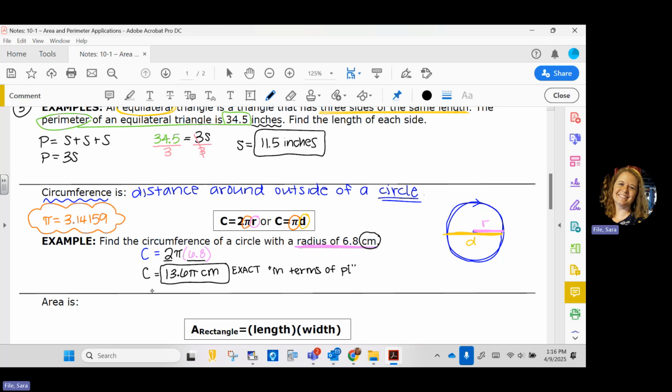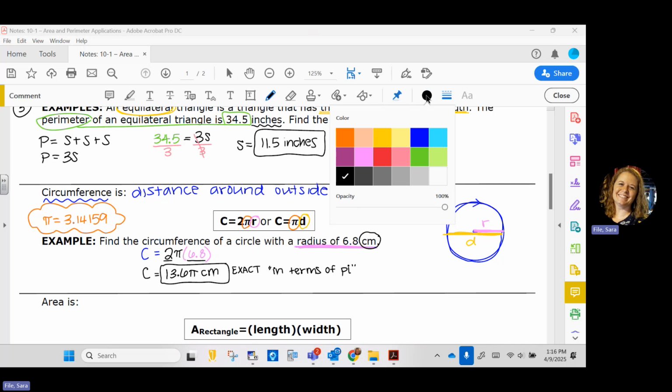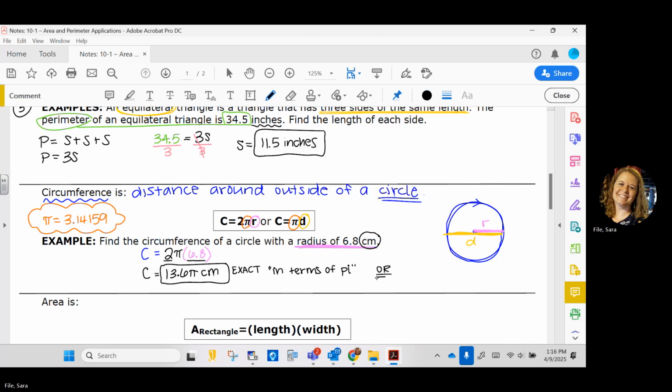Now, if they ask you to round your answer to a certain place value, you can type the 13.6 times 3.14159. And that would come out to 42.73 if we go to the hundredths. And that would also be centimeters.